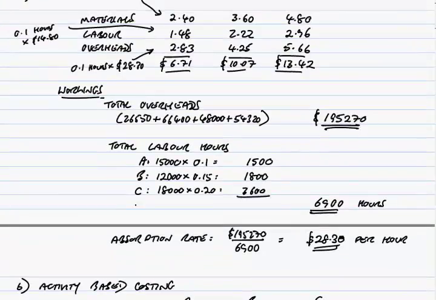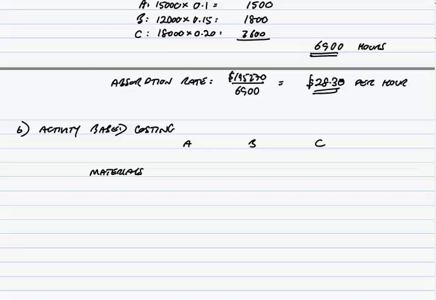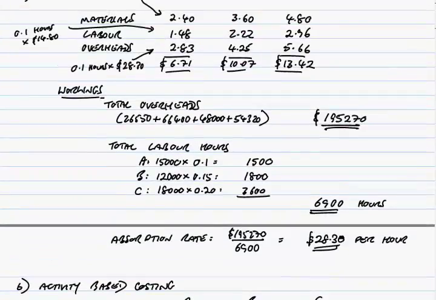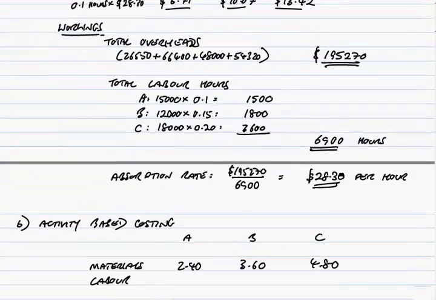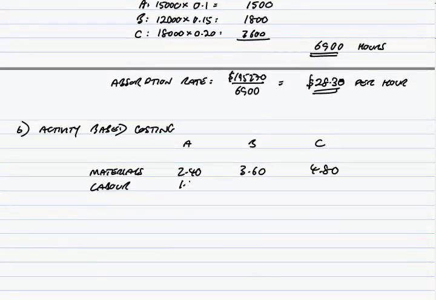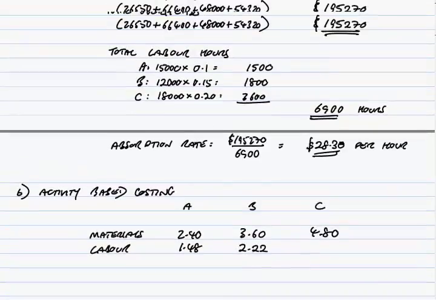Materials, $2.40, $3.60, $4.80. Labour, 148, 222 and 296.